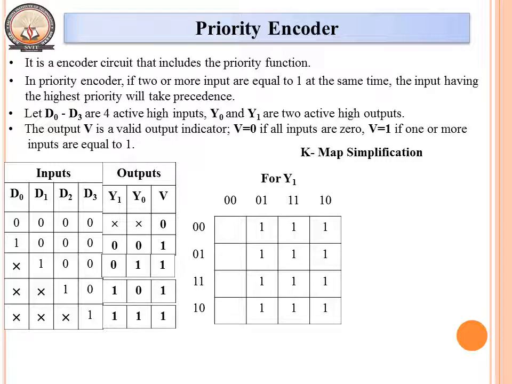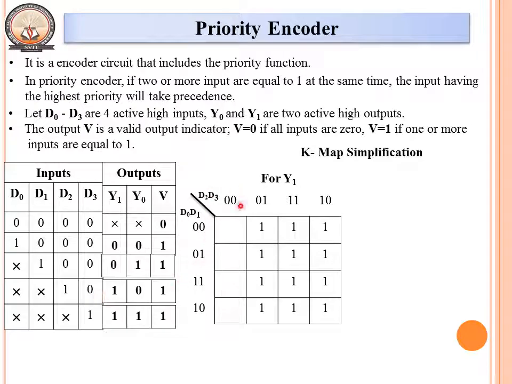One important thing we have to see while entering the values into the K-map is that I have to check with respect to D2, D3 here. What is D2? When the Y1 output is high, I have to check D2, D3. You can see Y1 is 1 when D2 and D3 are 1 0.